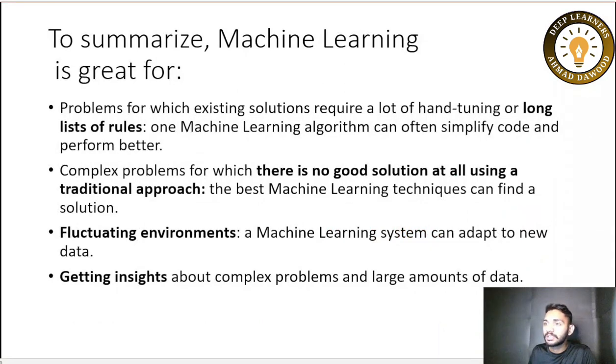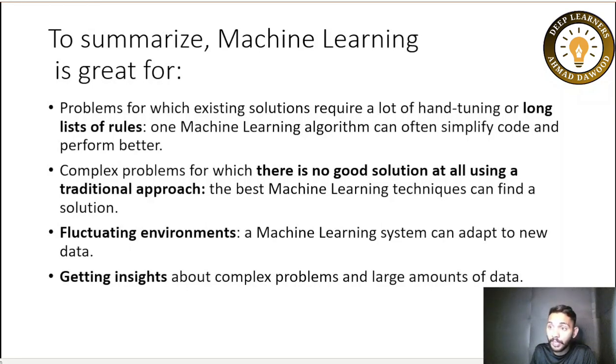To summarize, machine learning is better. You don't need to write a long list of rules. It is good for complex problems where, in the traditional way, you would have to write a long list of rules, or where no good solution is available at all. You can use machine learning.